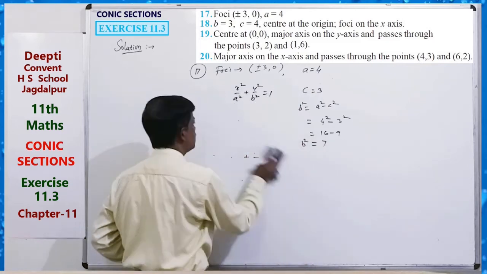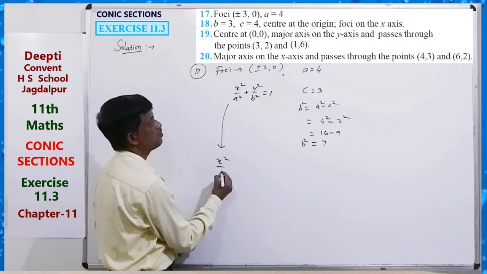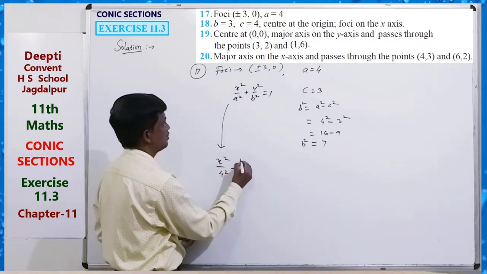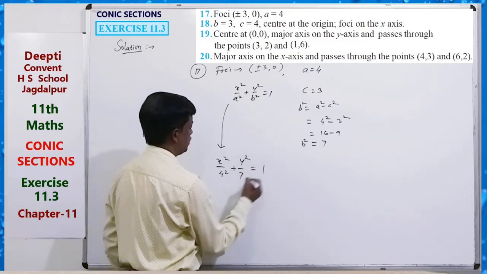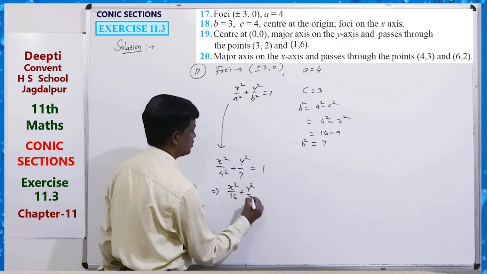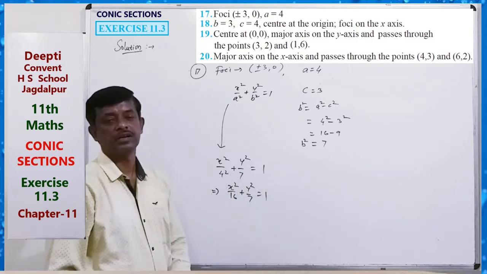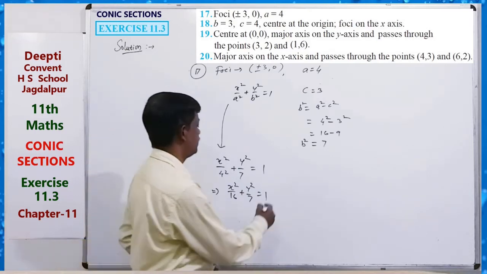Just use this value here: x square upon a square, 4 square, plus y square upon b square, 7, equals 1. So x square upon 16 plus y square upon 7 equals 1. This is the solution to question 17.